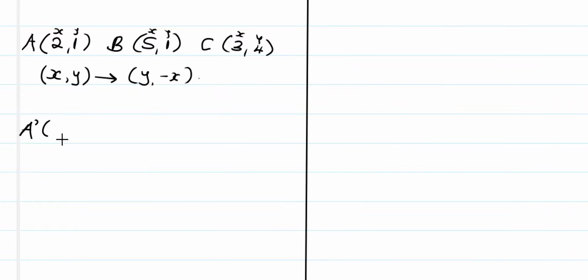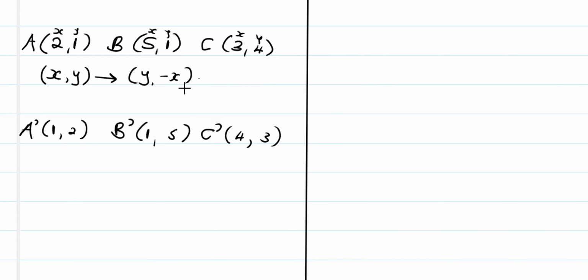So in A, y will start and then x will finish like this: 1, 2. Then we go to B and do the same. Y starts, then x finishes, and then we go to C, where y starts and x finishes.